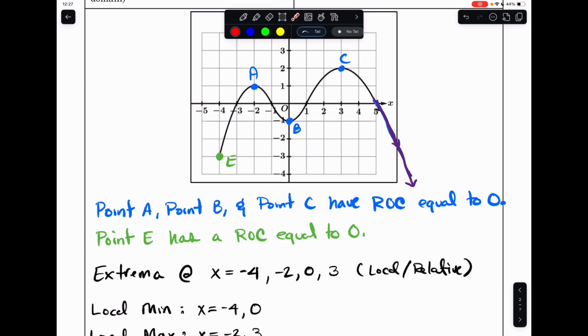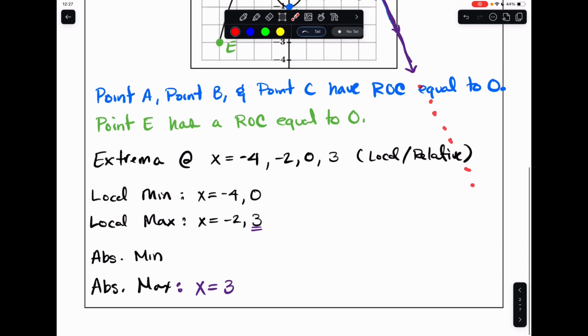So the more I look on this right end of the graph, the lower the graph reaches. So this is never going to have an absolute minimum, because there's always going to be another point on the graph where the y value is lower than the previous one. So the absolute minimum of this example does not exist. So we're going to write D and E does not exist.